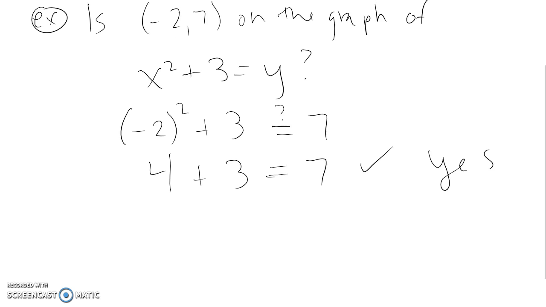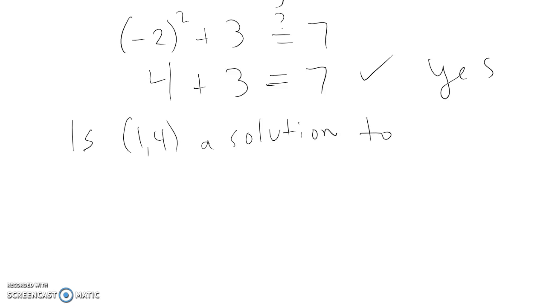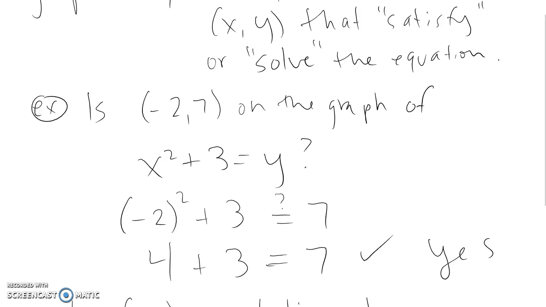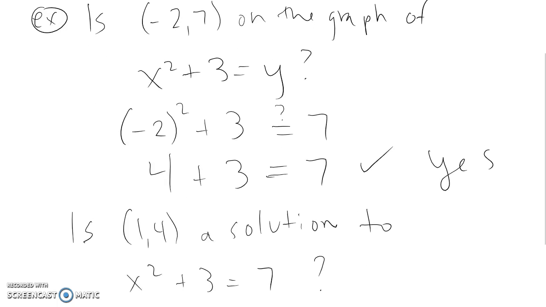Now let's ask another question. Is 1, 4 a solution to x squared plus 3 equals 7? Well, if we look at our definition of graph above, it says it's a picture of all points that satisfy or solve the equation.